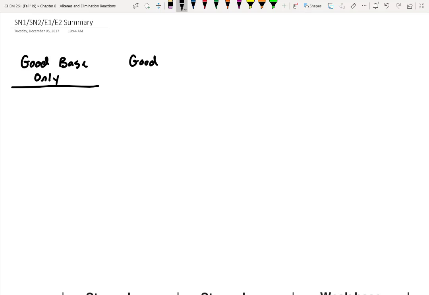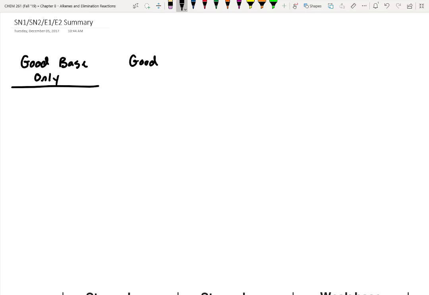Let's say we're trying to make an alkene. We want to make it in the highest yield possible. So if there's a way to avoid an unwanted SN1 byproduct, we would maybe choose that method as a way of avoiding that. Okay.